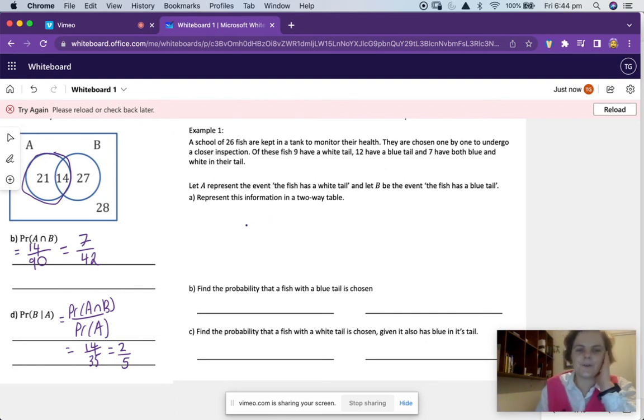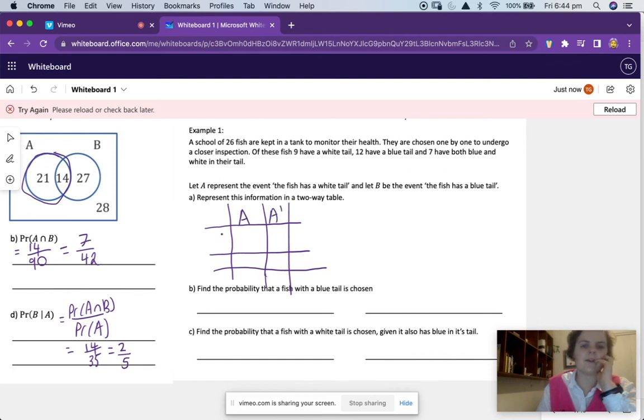So we've got a two-way table. So let's call this A and A dash. A is the fish has a white tail. B and B dash.